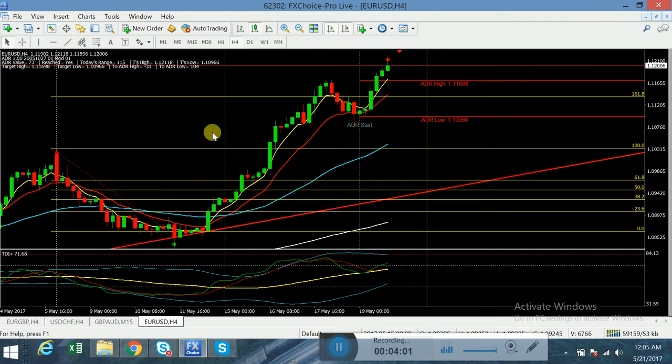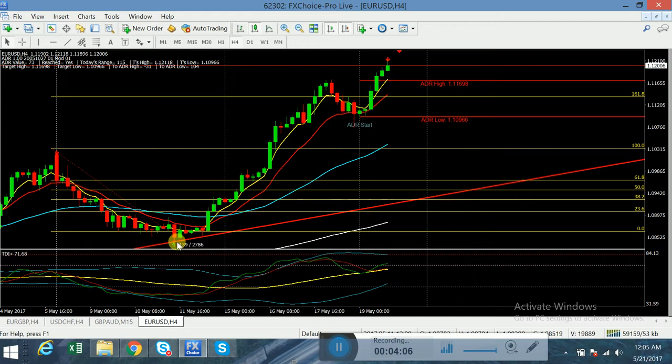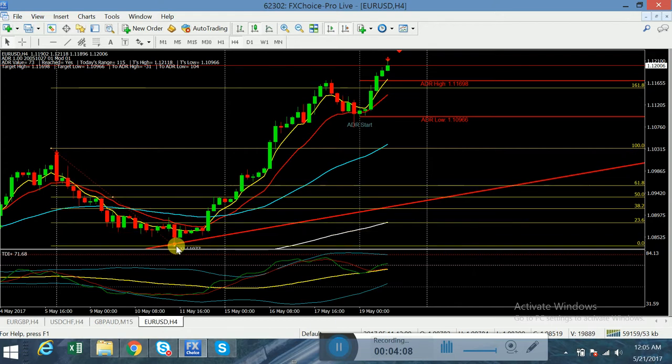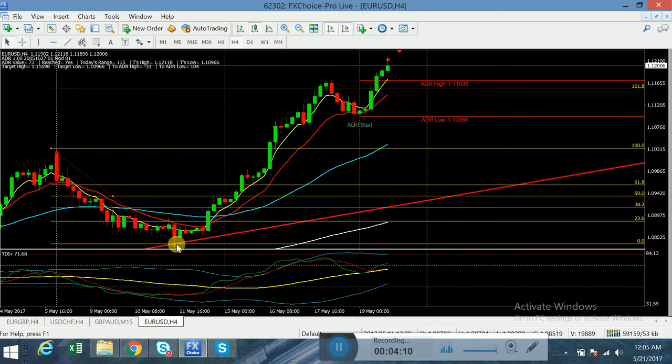Okay, so now we have our Fibonacci, swing high, swing low here. You can actually pull this down to the low right here. Then we have that mapped out.